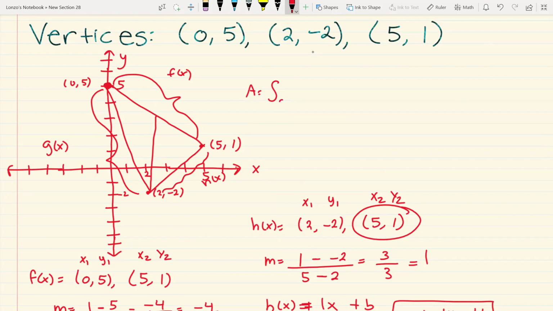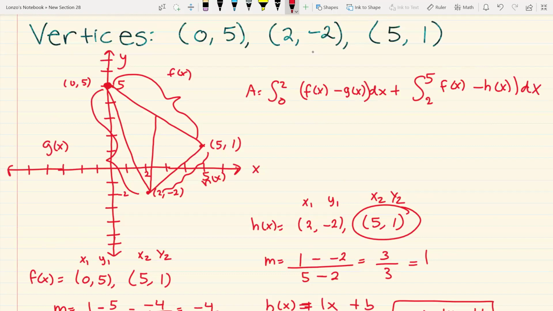We're going to do it from 0 to 2 and then 2 to 5. And then for the boundary 0 to 2, the function would be the integral of f of x minus g of x dx, plus the boundaries from 2 to 5, which is f of x minus h of x dx.